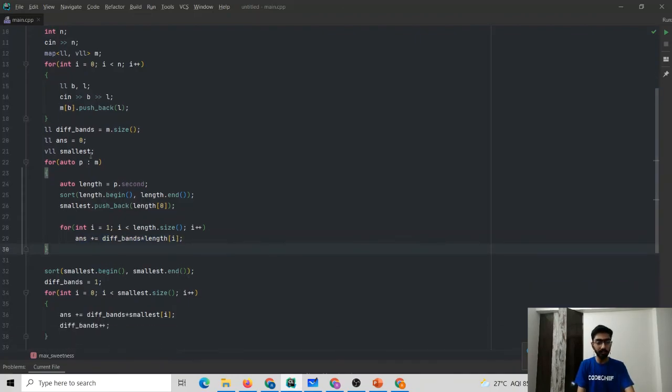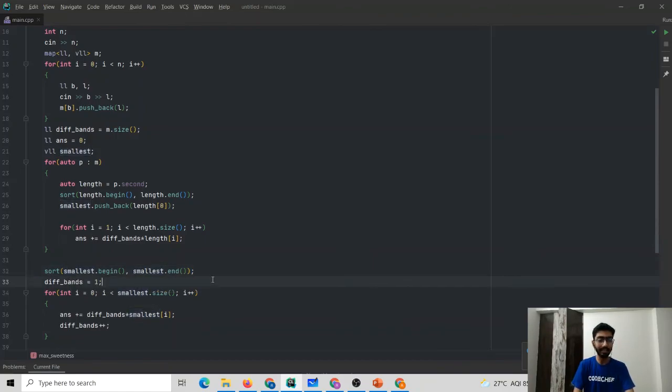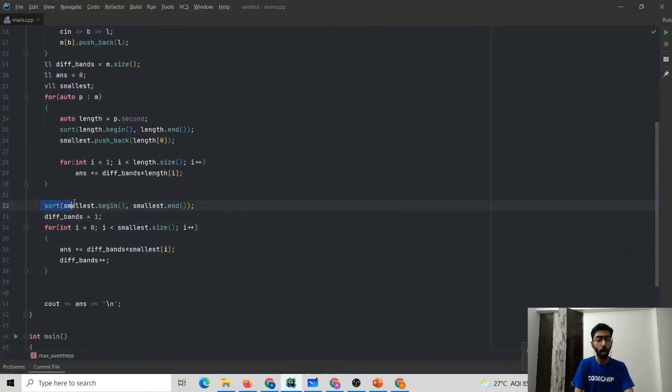Now, in the vector smallest, I have for each band the smallest length song. Then I sort these songs by length, for the same reason: when comparing two videos with lengths L1 and L2, I should always consider the video with greater length afterwards.